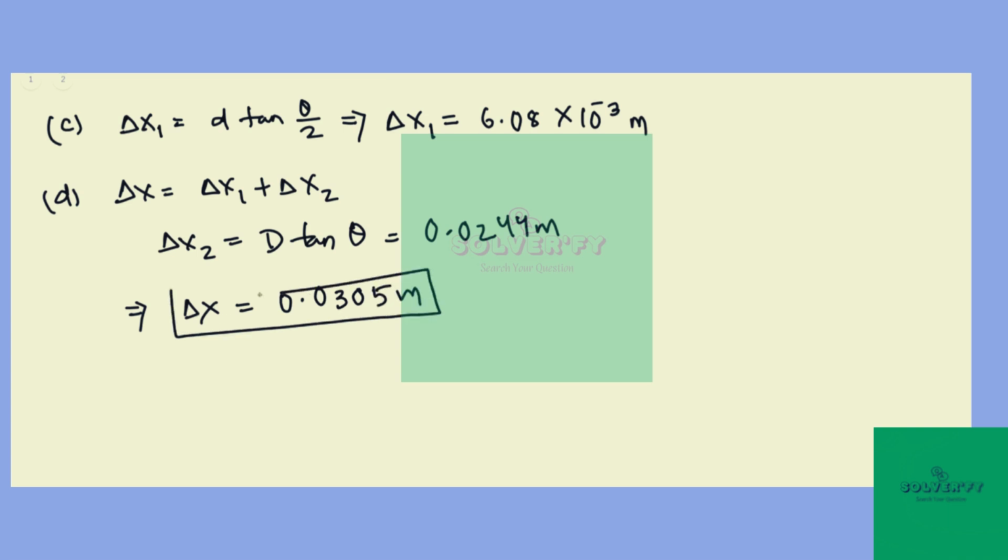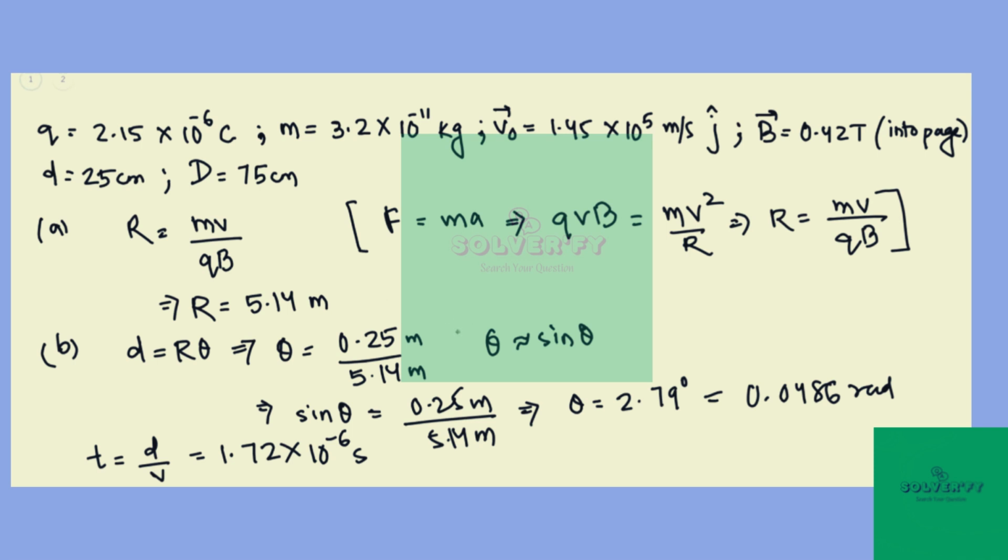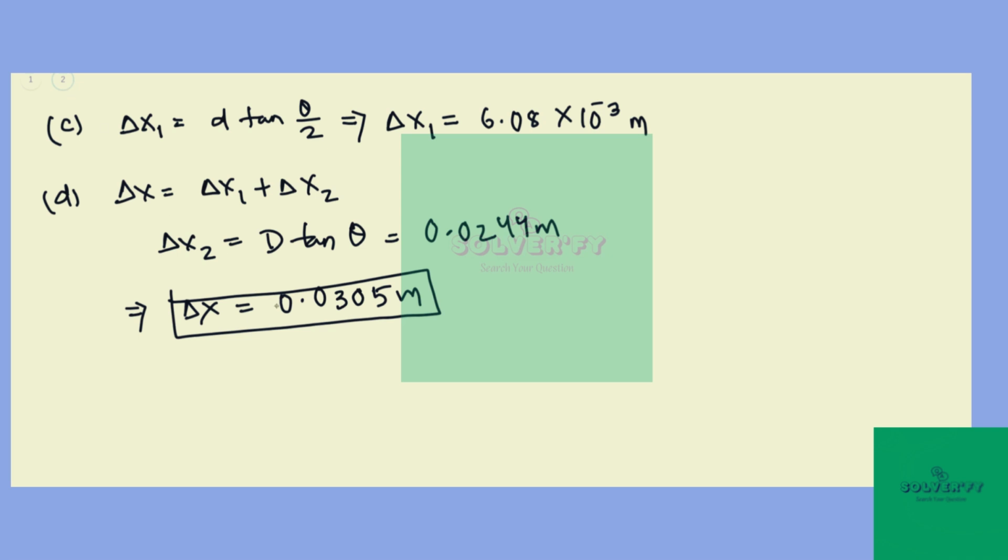Now one thing to notice over here is that small d is much less than capital R. So the horizontal deflection of the particle is much smaller than the distance it travels in the y direction.